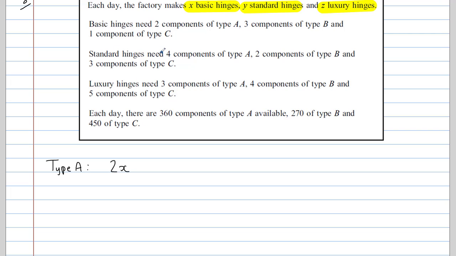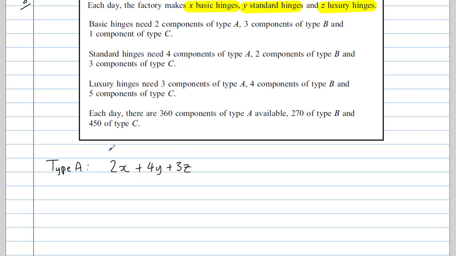Then if I think about the standard hinges, there are 4 components of type A for that. So I would need 4 lots of Y. That would tell me how many type A components I need to make all of the standard hinges I'm going to make. And for the luxury hinges, I need 3 components of type A to make each one. So in total, that would be 3 multiplied by Z, which is the number of luxury hinges.